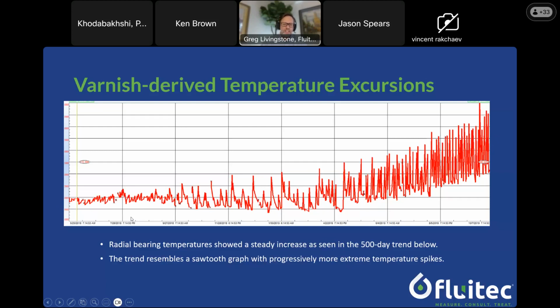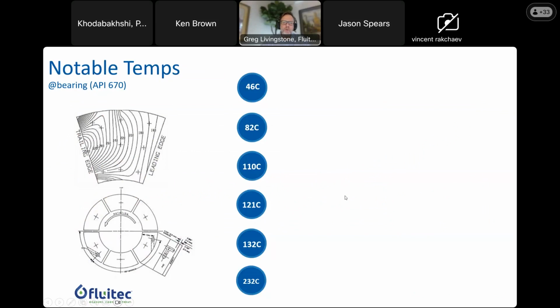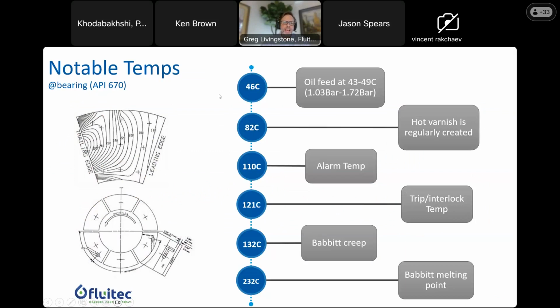So this is a case of varnish on a journal bearing, a radial bearing, over a 500-day trend, and you can see progressively more extreme temperature spikes, to the point where it can threaten operation. So what temperature will threaten operation? Typically, at temperatures of about 110 degrees C on a bearing, in most cases you'll have alarms starting to be tripped.